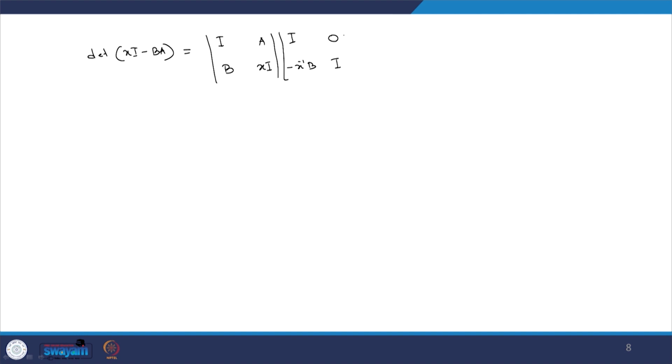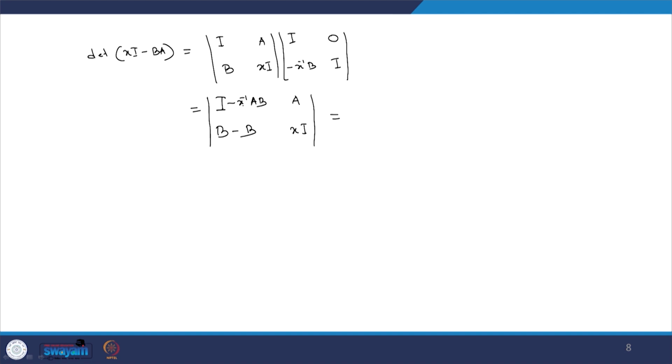This is equal to again, the final matrix will be: the first entry will be I minus x inverse AB, and the second one will be A, and again I am getting x into x inverse minus B again, and then this one will be 0 and x into I, is it correct? So now the determinant of this matrix.